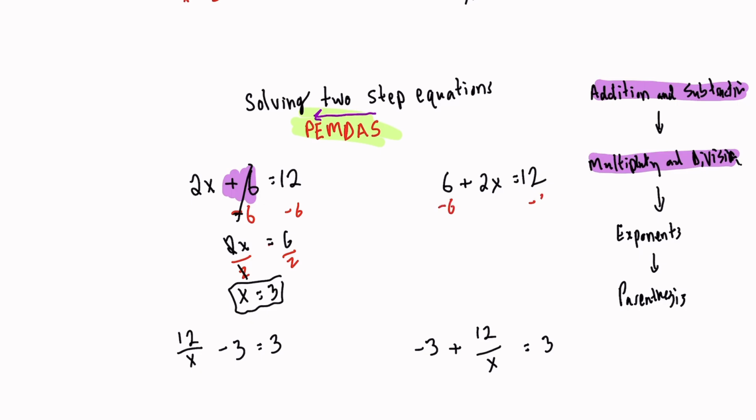That cancels out. 12 minus 6 is 6. Carry everything else down. Now we are left with 2 times x, and the opposite of multiplication is division, so you divide both sides by 2. 2 divided by 2 is 1, and 6 divided by 2 is 3. So we're left with the same solution, x equals 3.